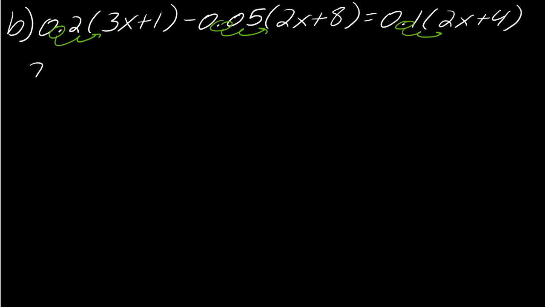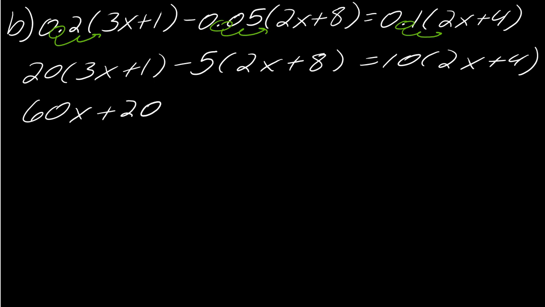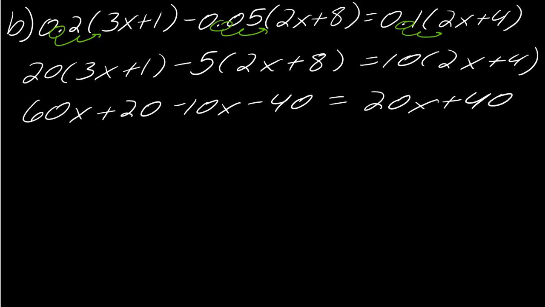So this is going to be 20 times 3x plus 1 minus 5 times 2x plus 8 equals 10 times 2x plus 4. Okay, so now I can go ahead and distribute. So this is 60x plus 20 minus 10x minus 40 equals 20x plus 40.